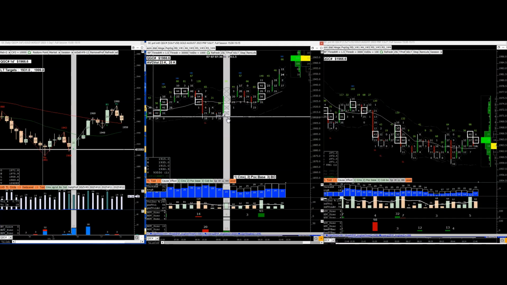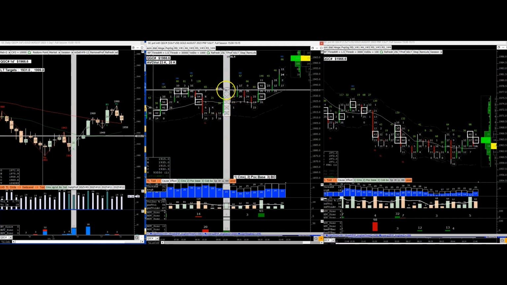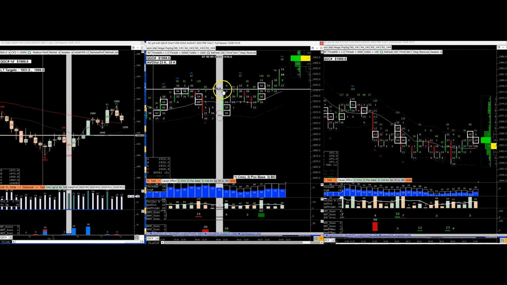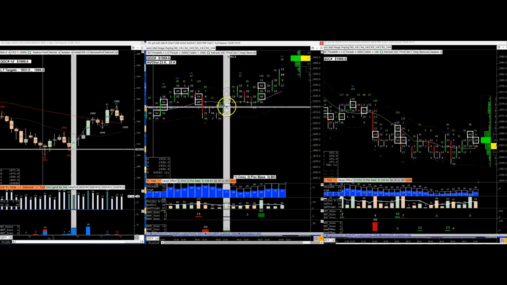All right, so the footprint of this composite man is right here. In this rally, in this up wave or this up column or this up bar, the footprint is right here. That's the footprint.